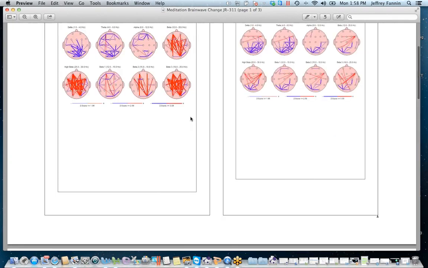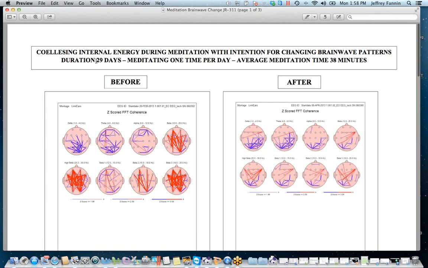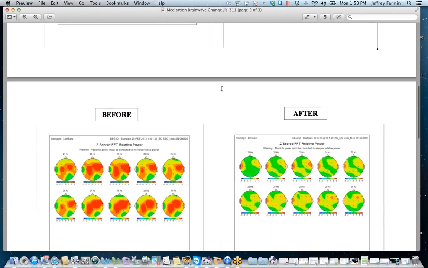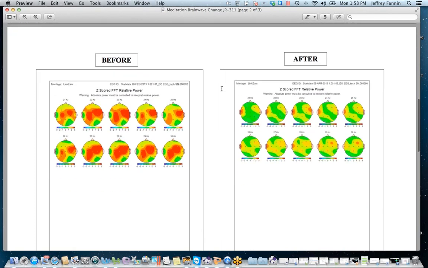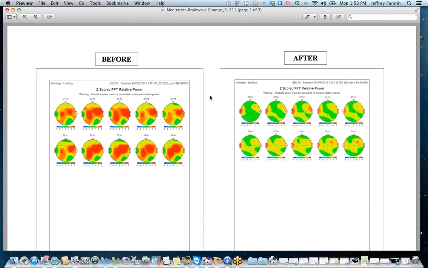So what happened was for 29 days she was meditating once a day, an average of about 38 minutes. Then at the end we mapped her again. She was using this power of intention process.